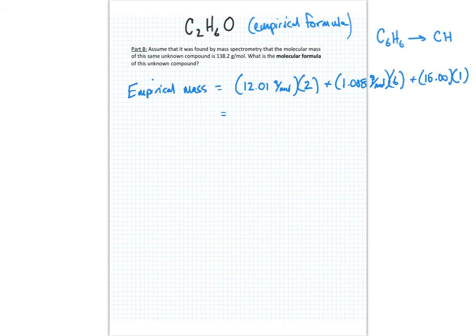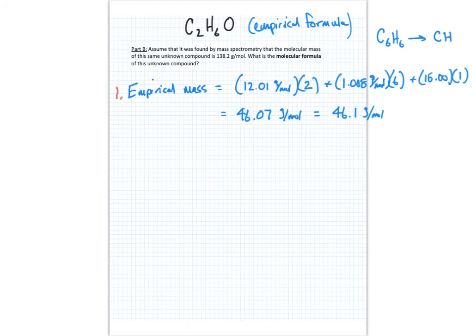And if we do that, we end up with 46.07 grams per mole, or we can round it to 46.1 grams per mole. That's the empirical mass for this empirical formula. Okay, if we add up all the elements in it and find out the mass, that's how much 1 mole of this will weigh. So then our next step is to compare the empirical mass with the molecular mass.